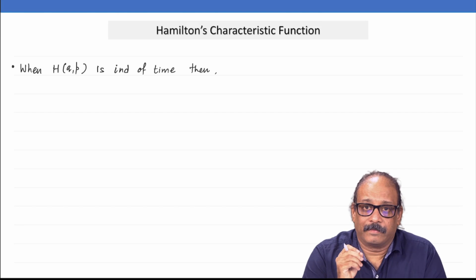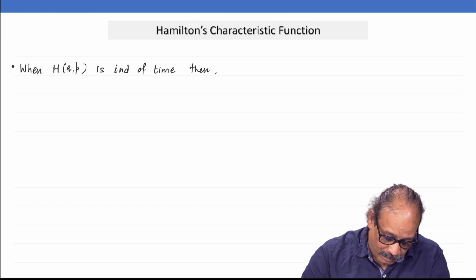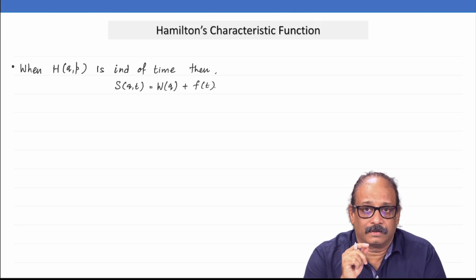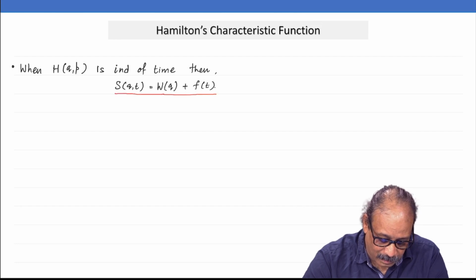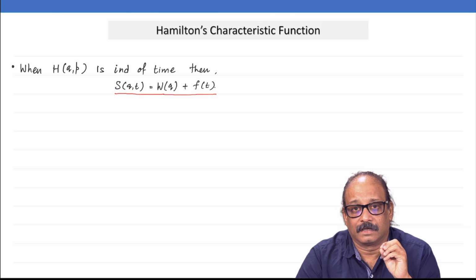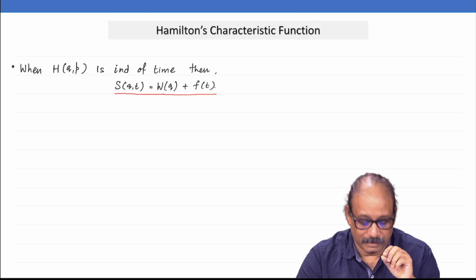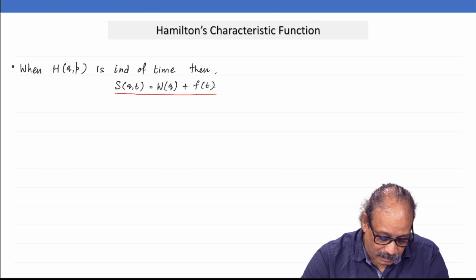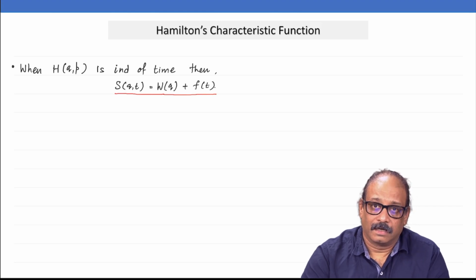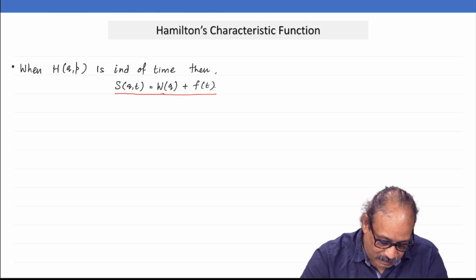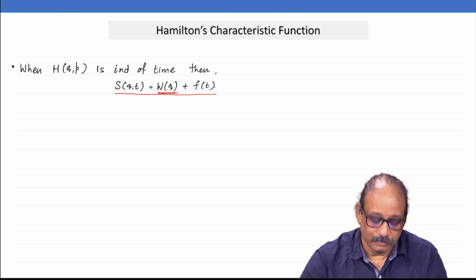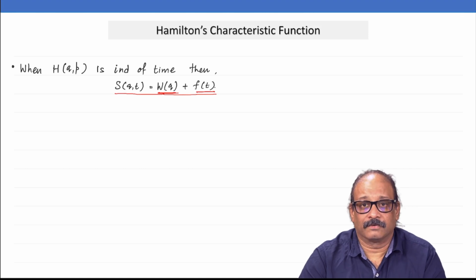If the Hamiltonian is independent of time, then to solve the Hamilton-Jacobi equation, I will assume that the solution, that is the capital S function, the action function, which is a function of q and t, can be written as two separate functions: one which is only a function of q, that is called W, and the other which is only a function of t.